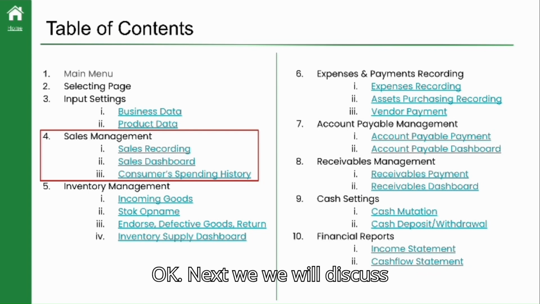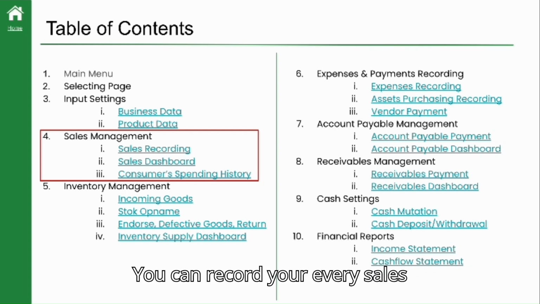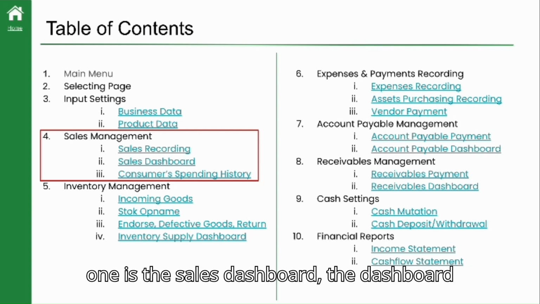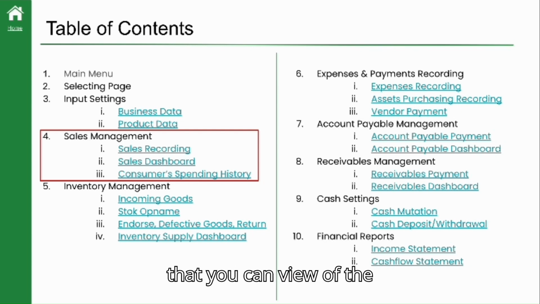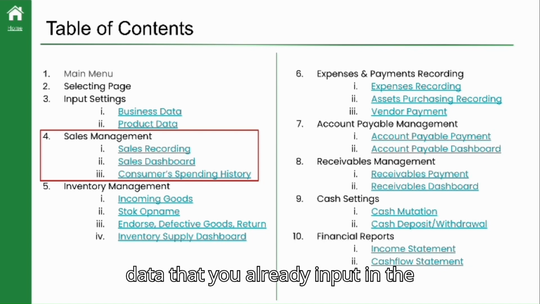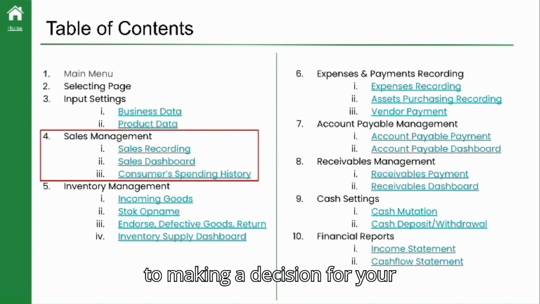Okay, next we will discuss the sales management features. First is sales recording. You can record every sales transaction in this feature. The second one is the sales dashboard, where you can view analytical data, a summary of the data that you already input in the sales recording, so it makes it easy for you to make decisions for your business.